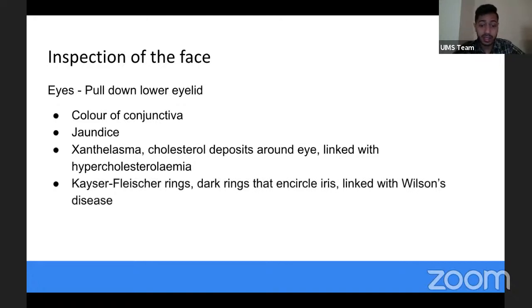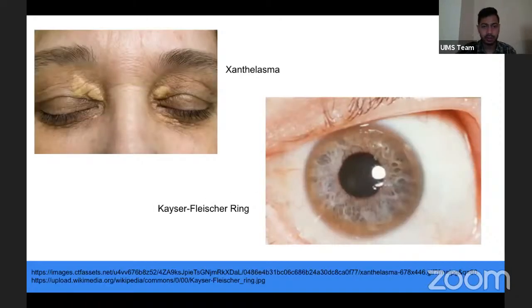These are dark rings which encircle the iris, and they're associated with Wilson's disease, which we know is the accumulation of copper in the liver and also various other organs and tissues. So in this image, you can see what I mean. This is the cholesterol deposit around the eyes, which is linked with high cholesterol. So this is xanthelasma.